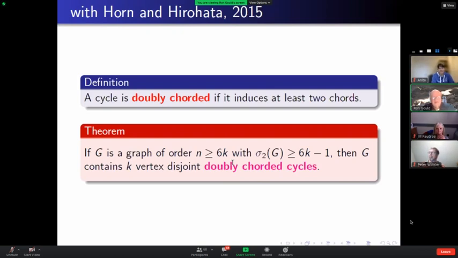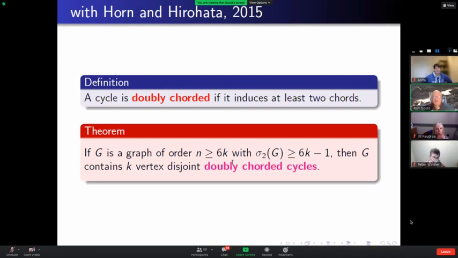If you use a graph of order at least 6K with sigma 2 at least 6K minus 1, remember you've already seen that implies K disjoint chorded cycles. Well, we were able to show it really implied K vertex disjoint doubly chorded cycles. The proof of this is much, much harder than the single chord case. There are many, many lemmas we needed to prove about the interaction between paths and cycles with edges between them in various ways.